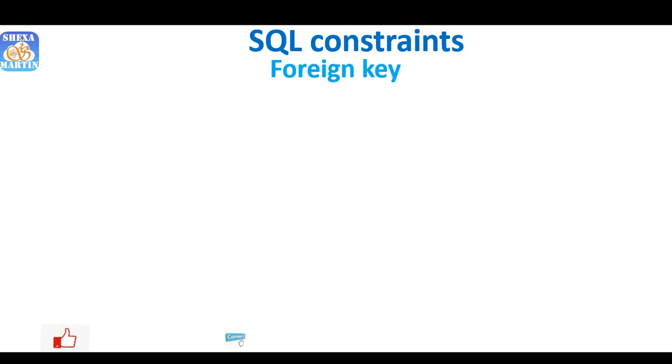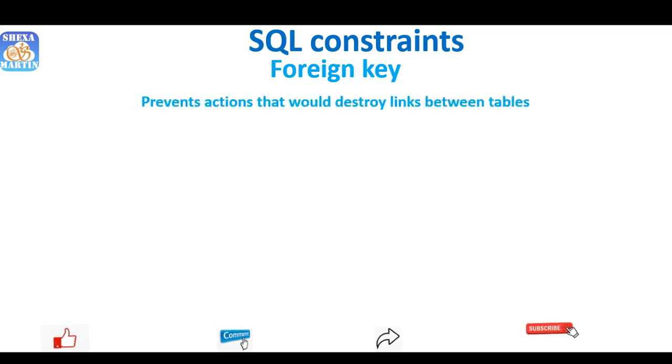Another constraint is the foreign key constraint, which enforces referential integrity. This prevents actions that would destroy links between tables, like illustrated in the previous lecture where we talked about the links between truck and drivers. We have the truck driver table, which also links the trips, the truck and the driver.